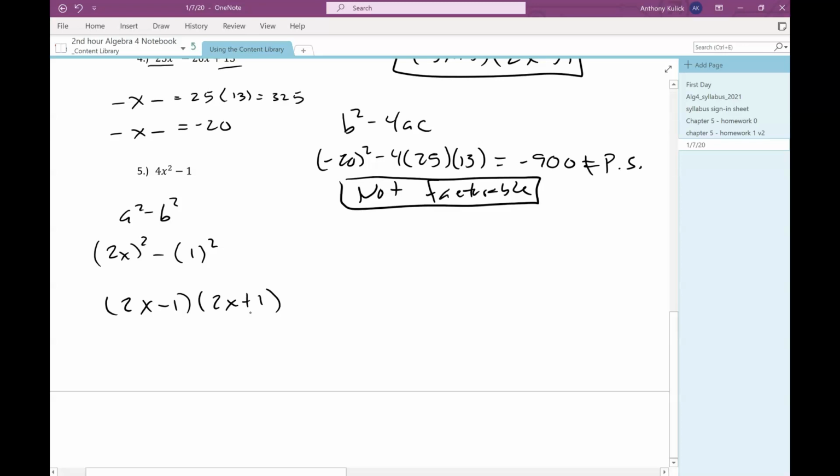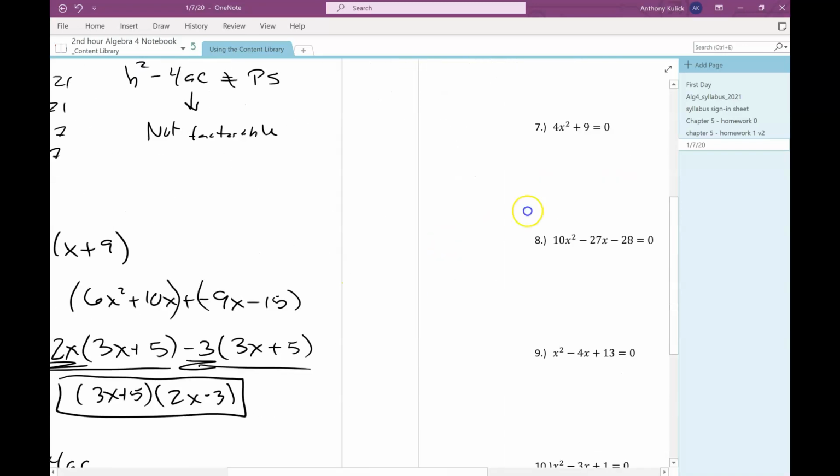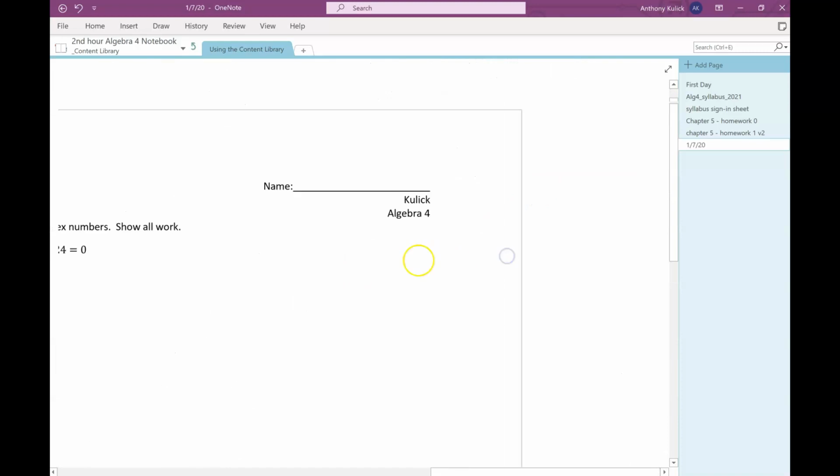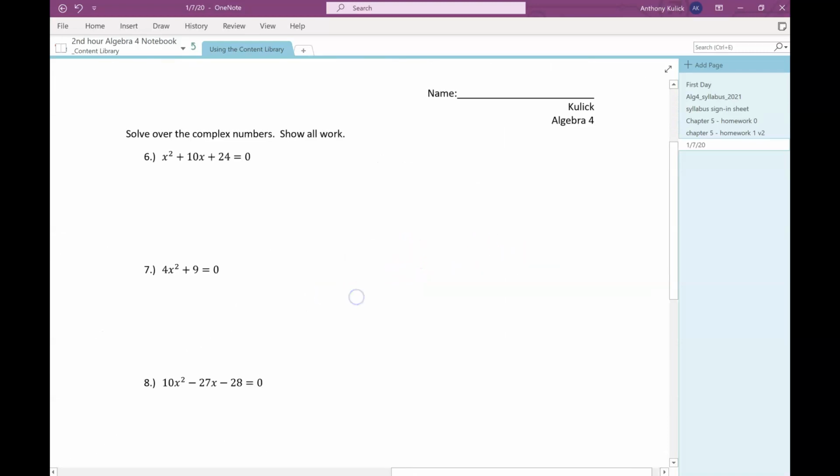Okay, on to the second page. Problems. Remember that all quadratics are solvable, so every single one of these should have an answer. We would have talked about 3 major techniques for solving: factoring, solving directly, and then the quadratic formula.